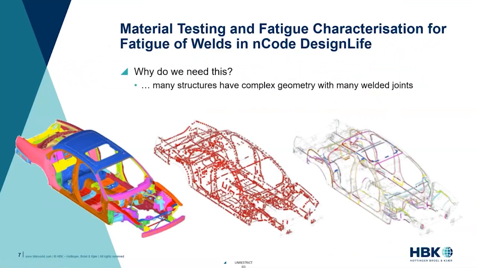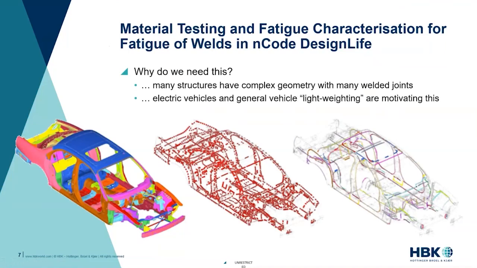joints. These joints become stress raisers, so the durability of these joints is very important for the durability and reliability of the whole structure. This example shows the complexity of a car body with different components, spot welds and seam welds.